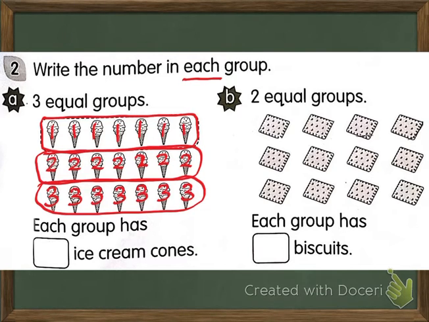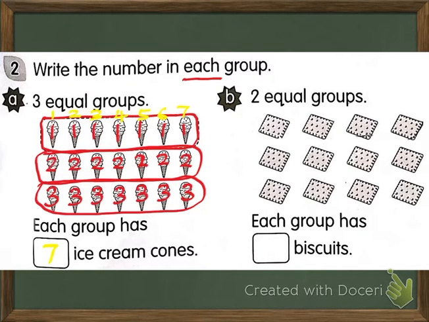How many ice creams in each group? 1, 2, 3, 4, 5, 6, 7. So each group has 7 ice cream cones. Right here, 7.